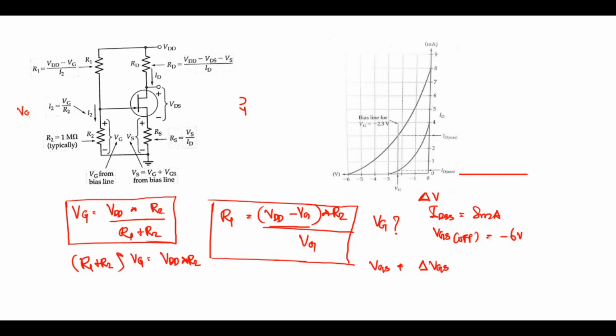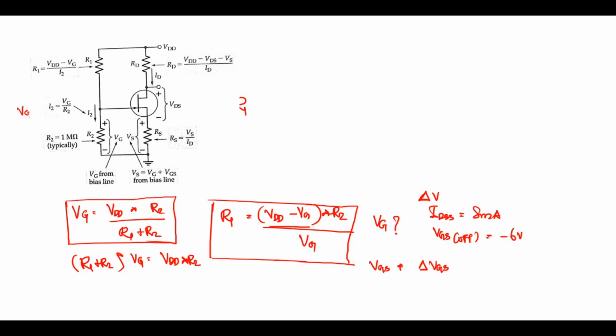I will delete this graph now and write here, based on the equation we have already written for IDSS, an equation for VGS.